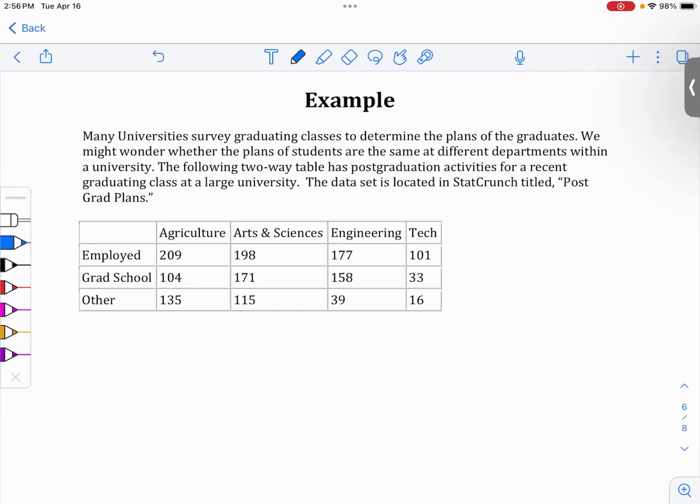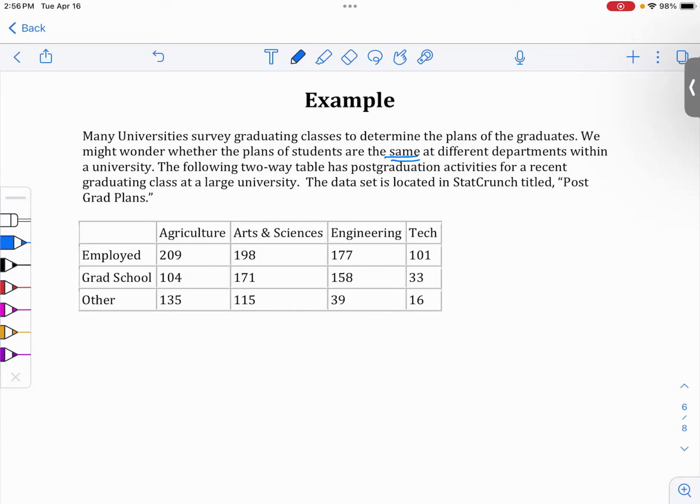So there's a key word in here. Same. Good job. Same. Okay. Might wonder whether the plans of the students are the same, all right, at the different departments. That different doesn't mean anything, right? That's just distinguishing between ag and engineering, etc. So it's that word same.